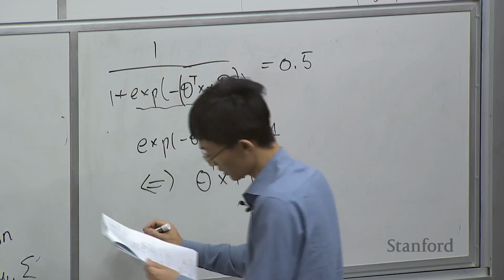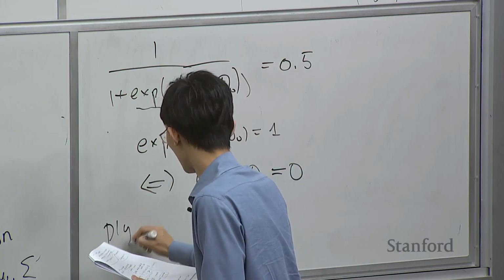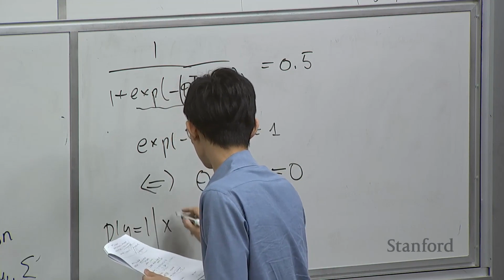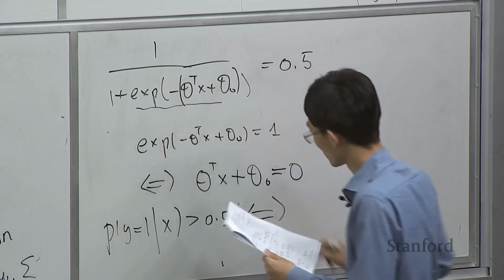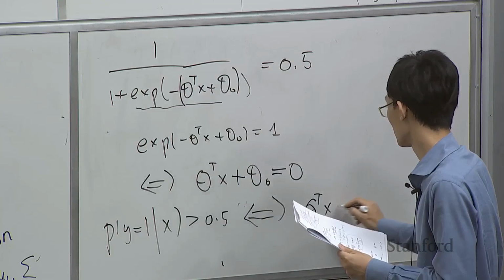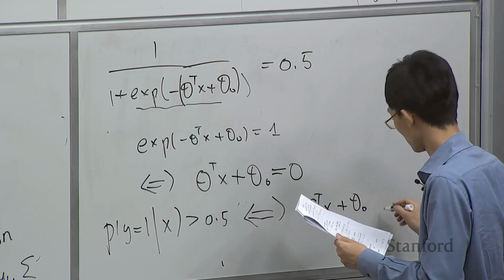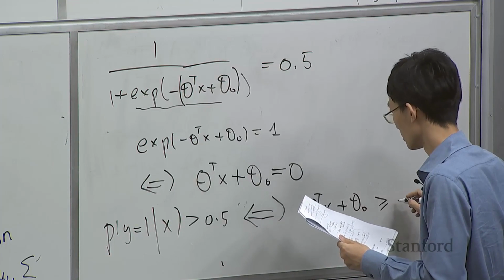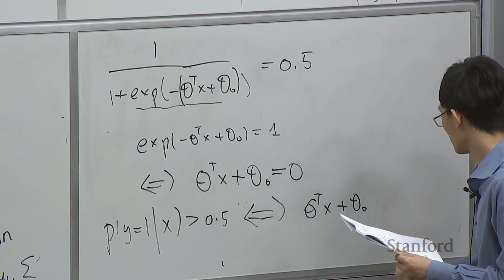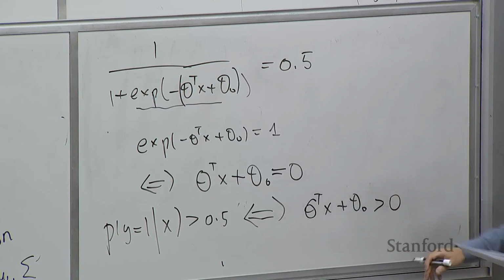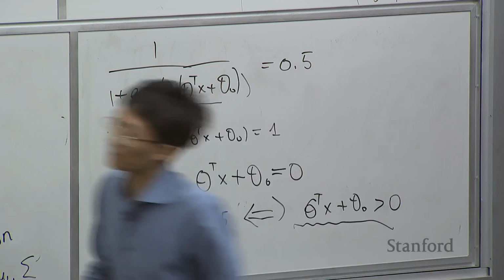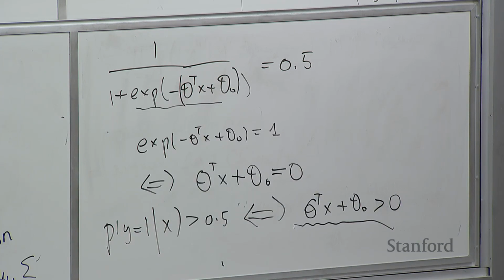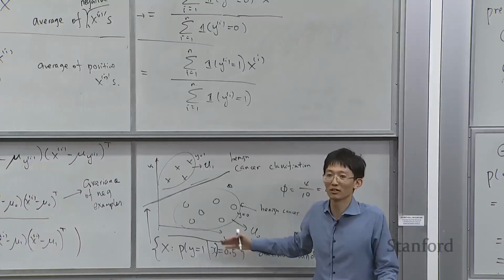You see that the probability of y equals 1 given x being larger than 0.5 is the same as theta transpose x plus theta 0 being larger than 0. So you have a linear function of x. That's your decision boundary, which is why I keep drawing a line here. From the principle alone, you never know why this is a line.